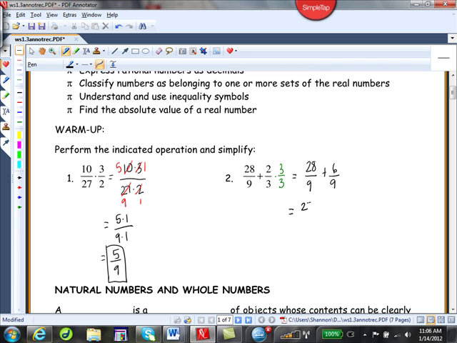And then we can write that as one happy fraction with 28 plus 6 in the numerator and then our 9 in the denominator, which yields a result of 34/9. And 34 and 9 don't have any common factors except for 1, so we're all set. How'd you guys do? Great.